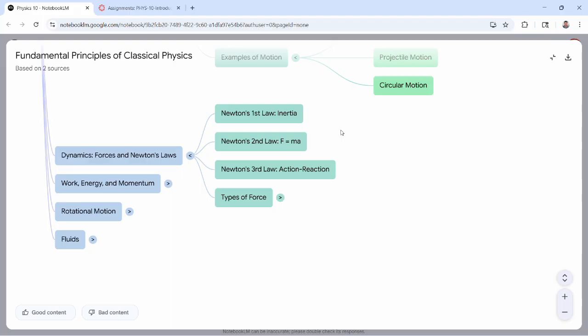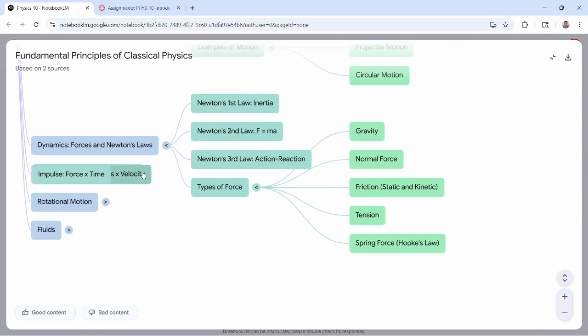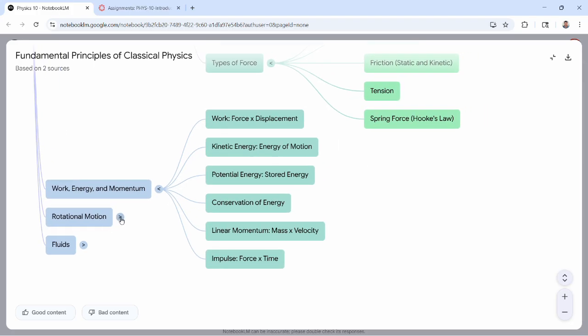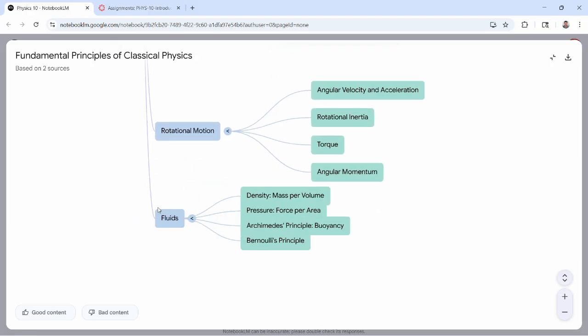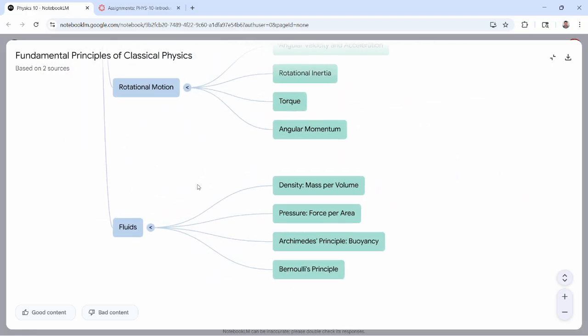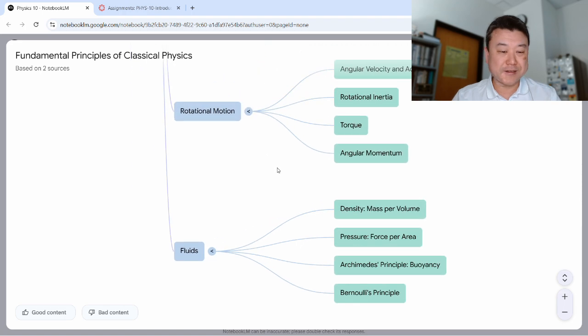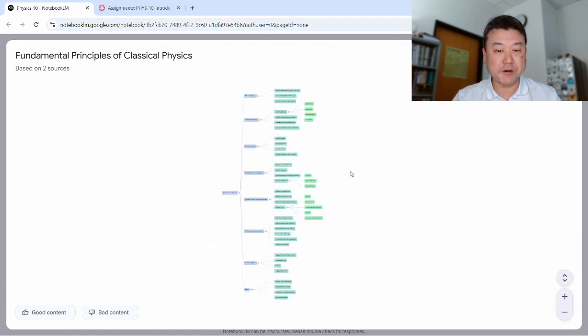For an overview, more comprehensive doesn't necessarily mean it's going to be more useful. I'm just expanding all these out so that people can at least see. And if you want to make use of it, then you can go to this NotebookLM site on your own and explore sources and this mind map stuff.